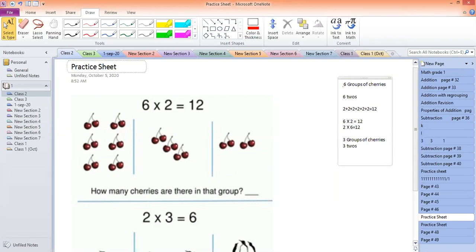You can add 2 three times. 2 plus 2 plus 2 will give you 6. Or another method is you check how many groups are there. 3. And in one group, how many cherries? You will multiply. 3 multiplied by 2 will give you 6. This is the multiplication concept, right?